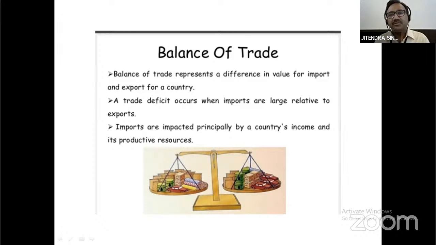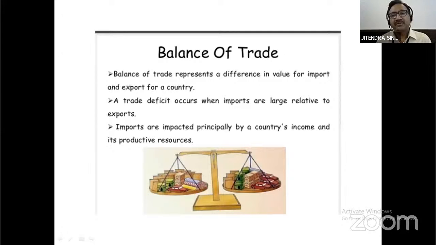It means the difference between total export and total import is called balance of trade. Normally, if export is more than import, we have a favorable balance of trade. And if import is more than export, we generally use the term negative or adverse. This may be a disadvantage for the country if export is less and import is more.